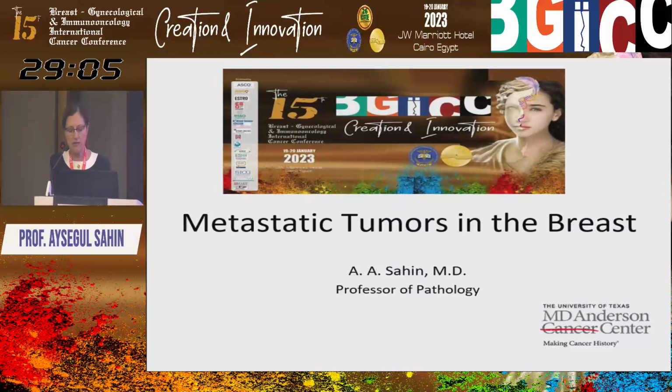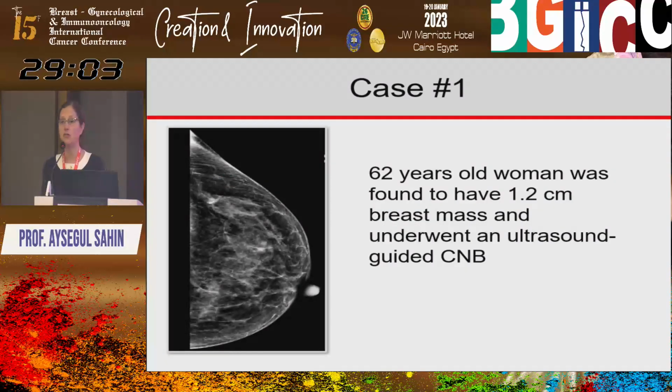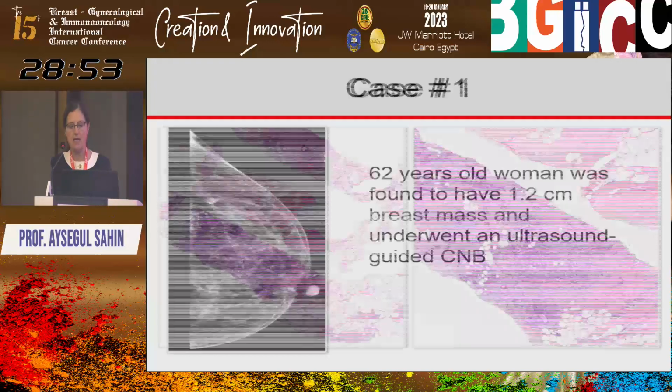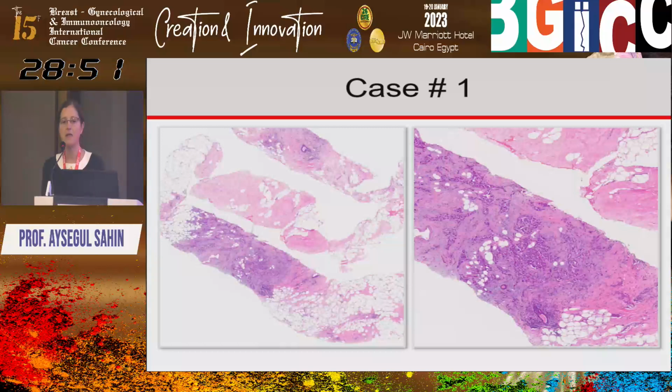To illustrate that, I would like to show you a case, a 62-year-old woman who was found to have a 1.2 centimeter mass and underwent an ultrasound-guided core biopsy. This biopsy was performed outside, and this is the lesion.